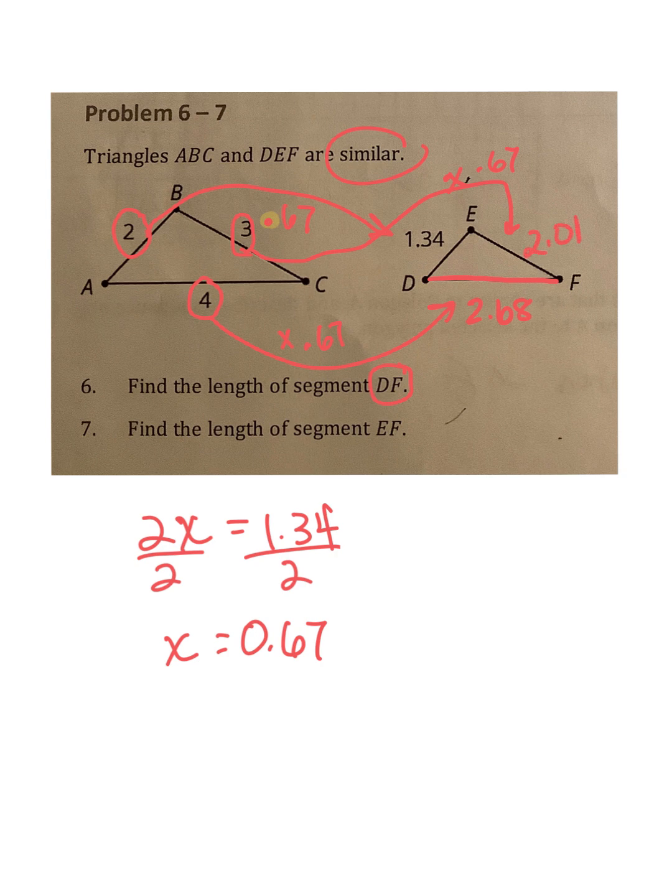So those were the answers they were looking for. DF was 2.68 and EF is 2.01. Did you see we had to divide first? We divided 1.34 by 2, and that gave us a scale factor. That told us what we needed to multiply by. Because 2 times 0.67 is 1.34, that means we had to multiply the other two sides by the same number, in this case 0.67.